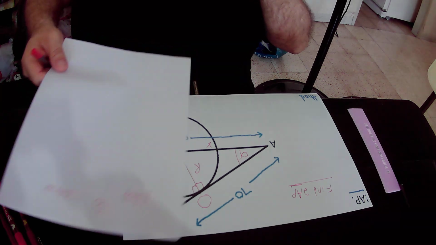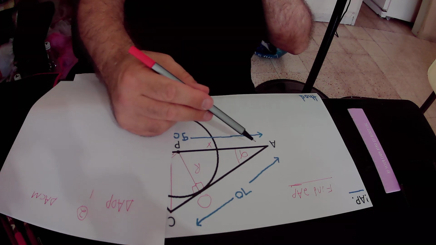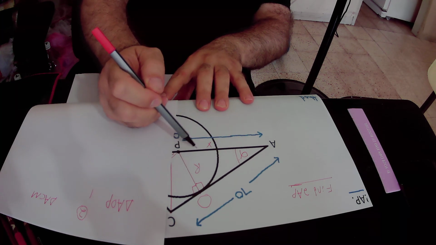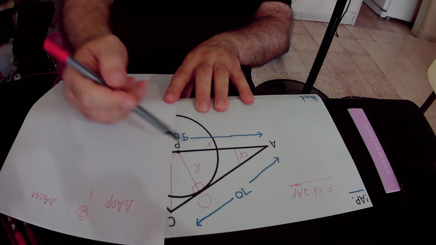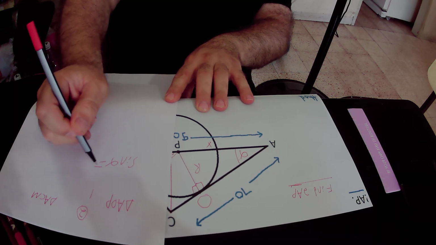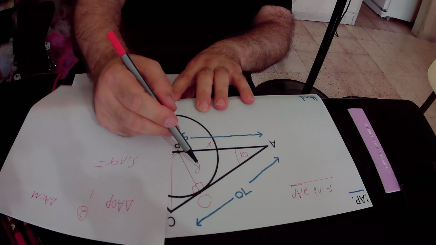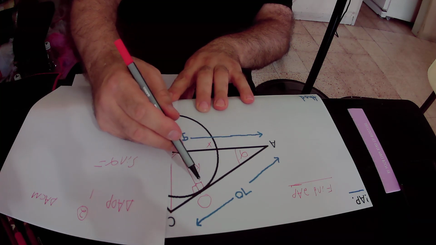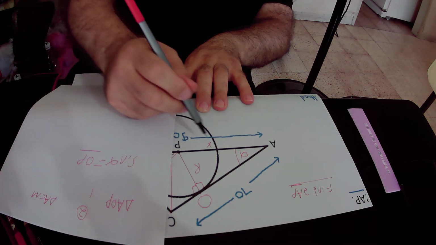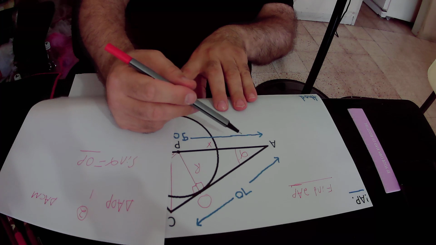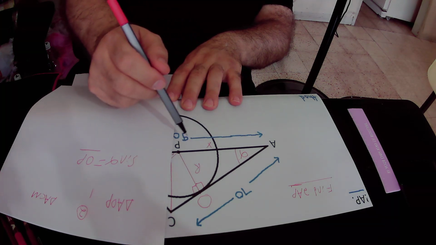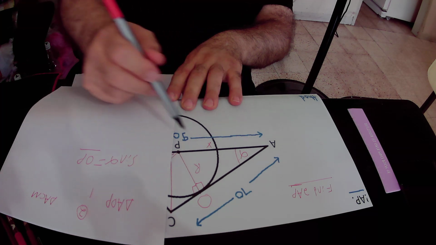Now, first of all, we focus on the right triangle AOP, and in this right triangle AOP, sine alpha equals the side that is in front of angle alpha, that is to say OP, divided by the hypotenuse of the right triangle AOP, and the hypotenuse of triangle AOP is AP.